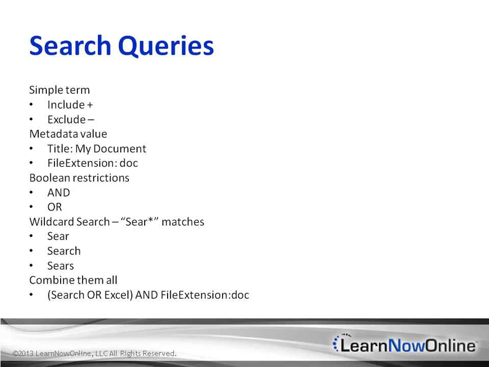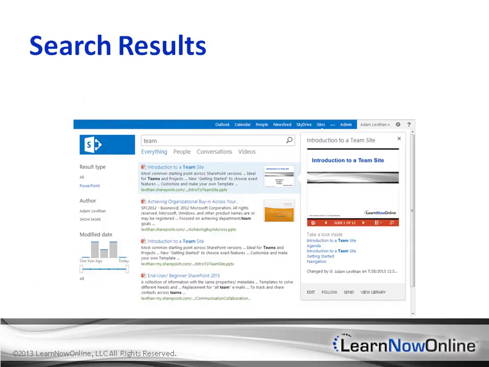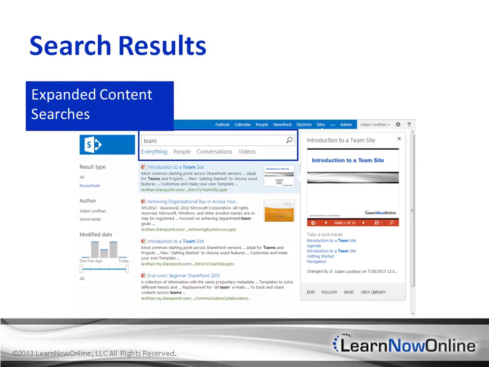Now that we've covered the basics, let's take a look at the brand new SharePoint 2013 search results. Here, you can see an experience that is more closely aligned with commercial products. First, we talk about the expanded content searches that we already mentioned. Everything is all the contents throughout all of the sites.